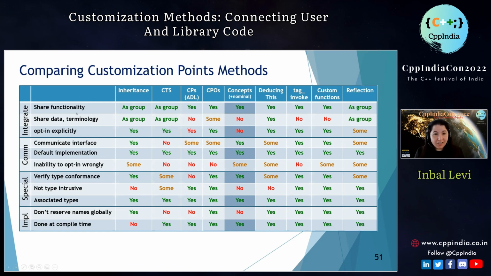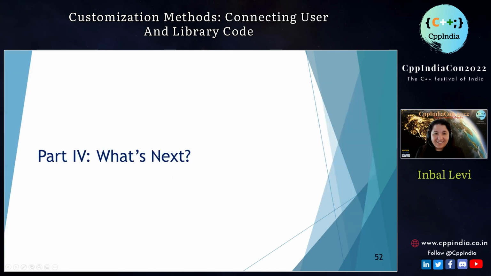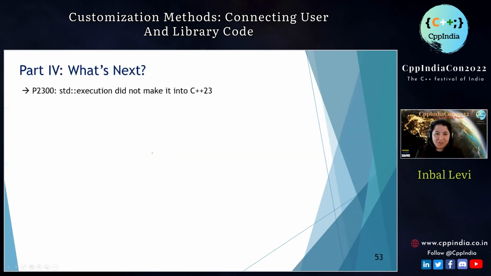Can we share functionality between the user and the library? Can we share data, terminology? Can we opt in explicitly? Can we explicitly say, I want to override this function? Or do we need to change our type in order to get that? Is this intrusive, etc.? So again, a lot of different ways, and we'll see what's coming next in the next few years.